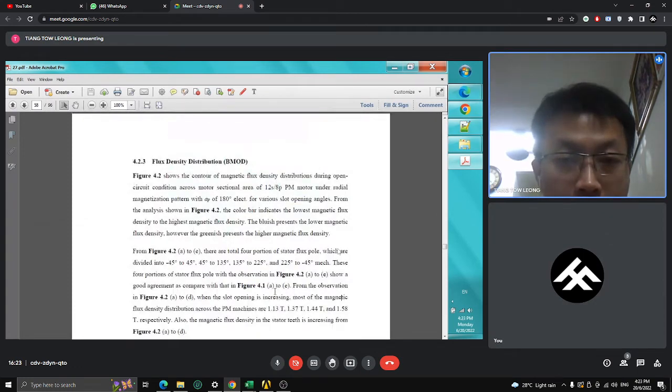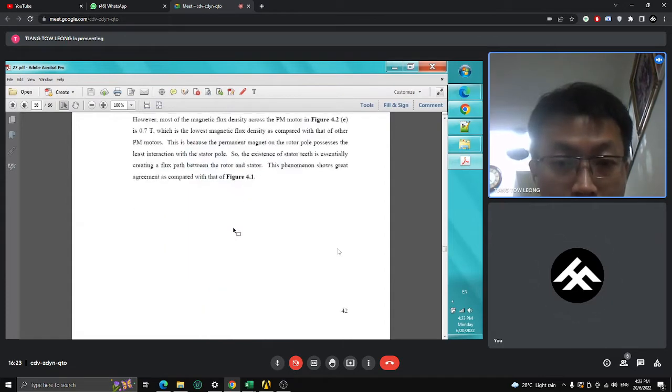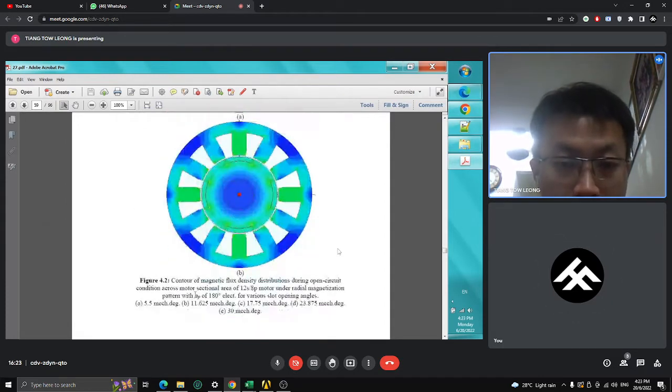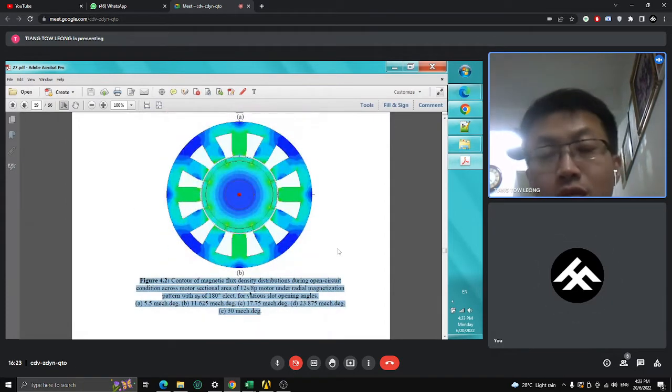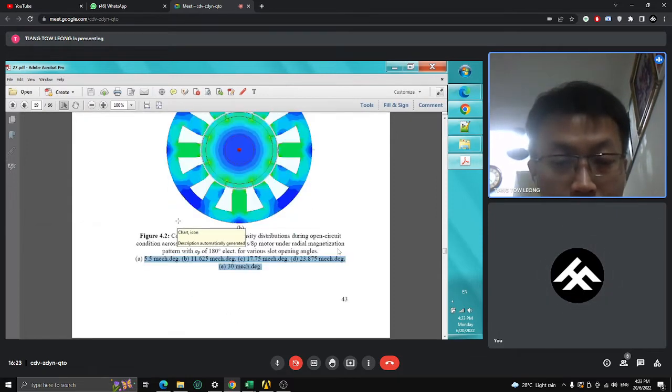And then section 4.2.3, flux density distribution must also be included. The caption is the same, just follow it. Your change is the magnet span. So 4.2 must be included.